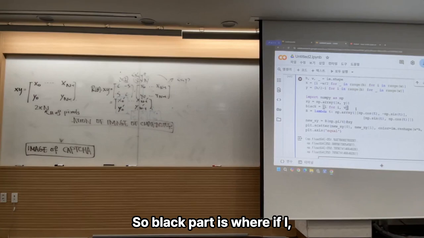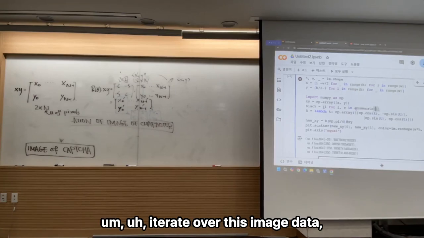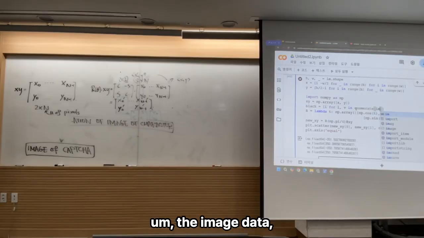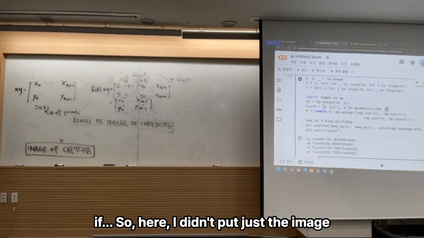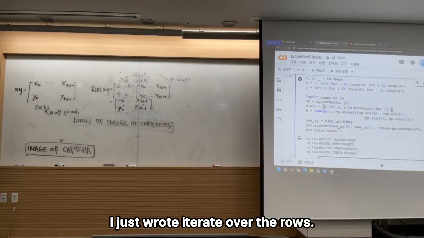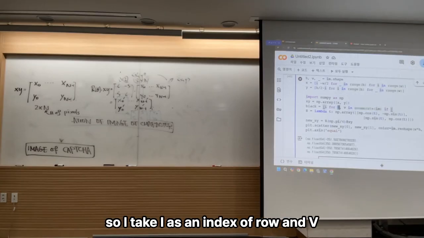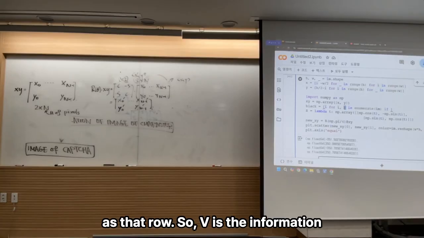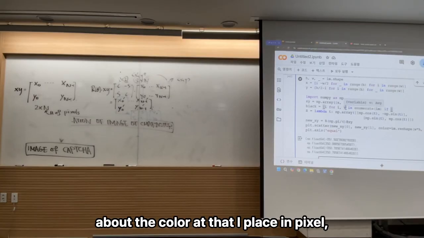So black part is where if I iterate over this image data, here I didn't put just the image because then I just iterate over the rows. I'm taking enumerate. So I take I as an index of row and V as that row. So V is the information about the color at that ith place in pixel.